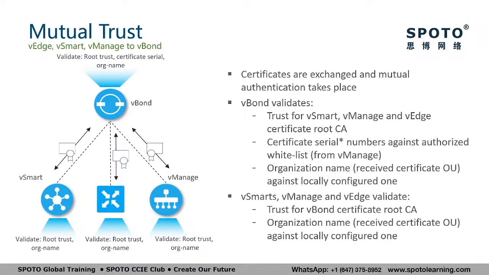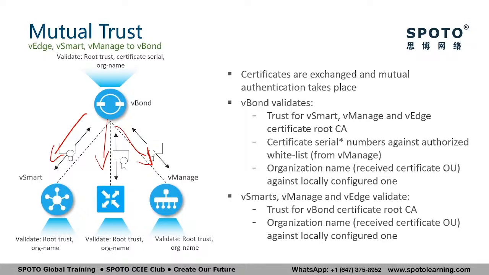So the first part is vBond validating the other three. vBond validates certificate serial numbers against the authorized whitelist from vManage and validates the organization name that received certificate OU against the locally configured one.